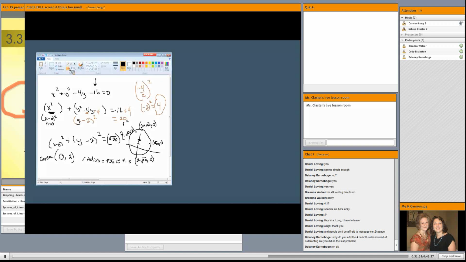To me, circles are the easiest. They're always going to be done the same way. There's not a lot to remember. There's a center, and there's a radius, and that's it. There's just that, not that much to get confused about. All right, Delaney's good.